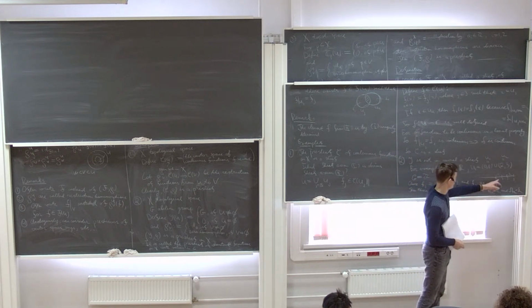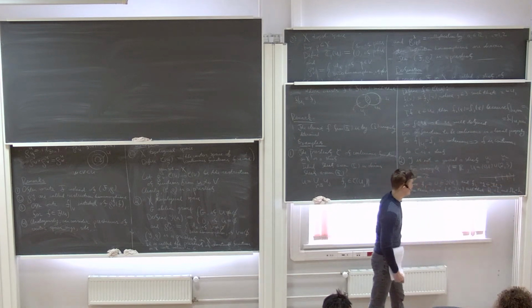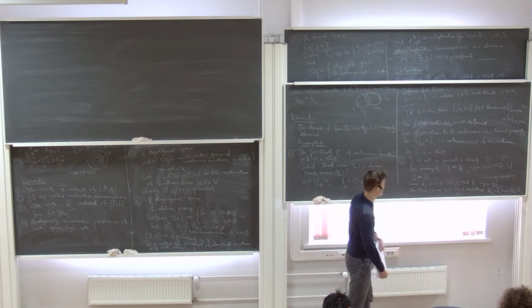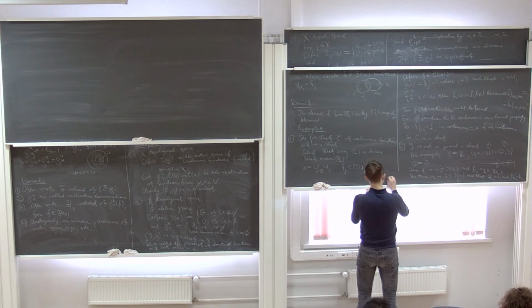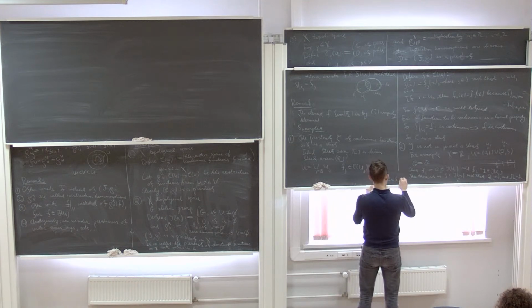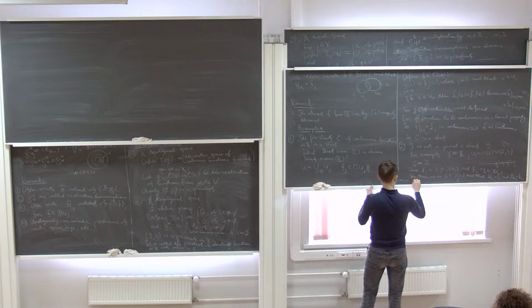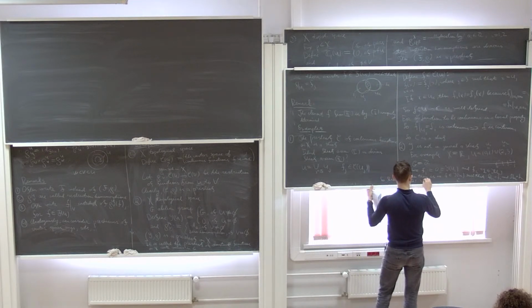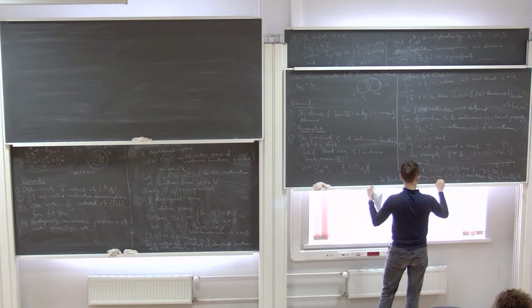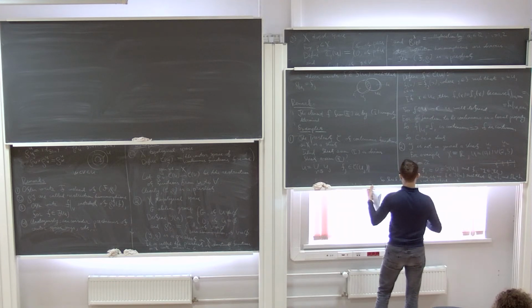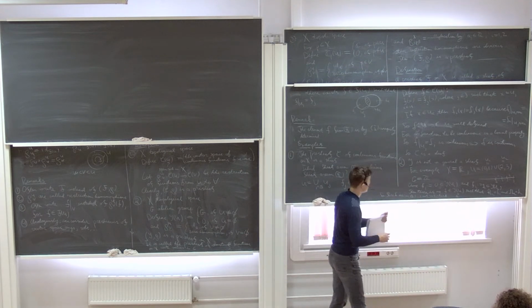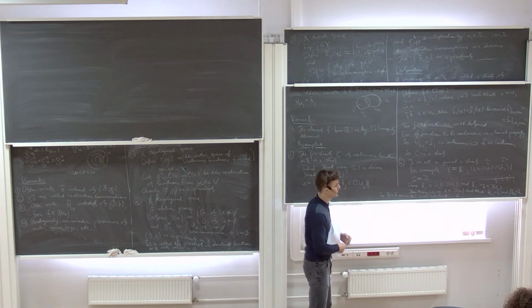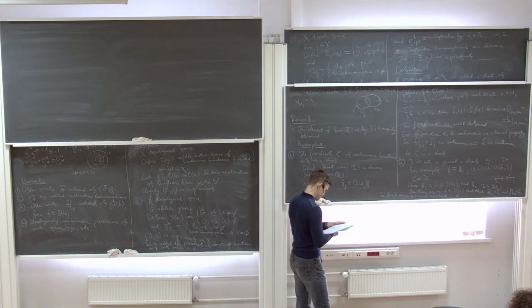When you restrict it to this set you get this number, and to this one you get this number. So these numbers should be equal, but you chose f1 and f2 to be not equal. So sheaf axiom 2 is not satisfied. Is it clear? Okay.